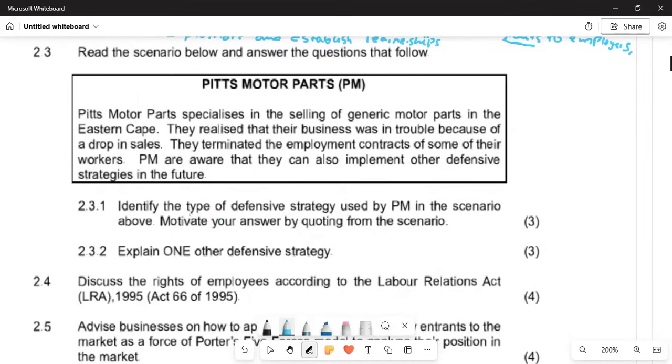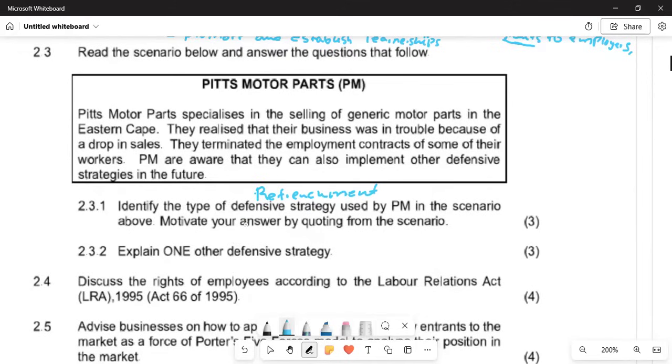The defensive strategy used by PM in the scenario above is retrenchment.